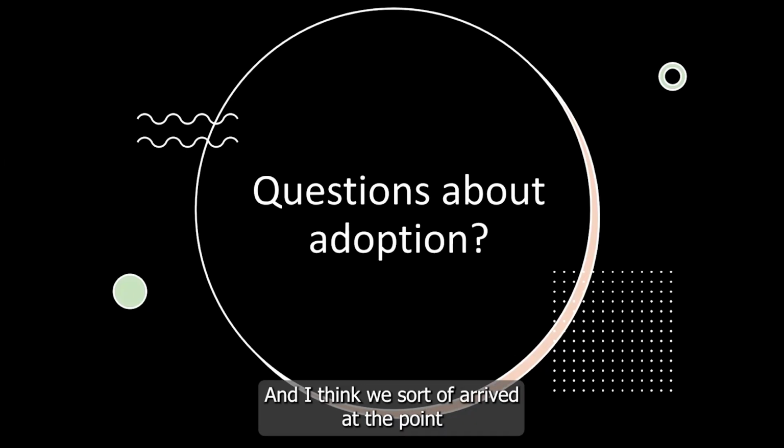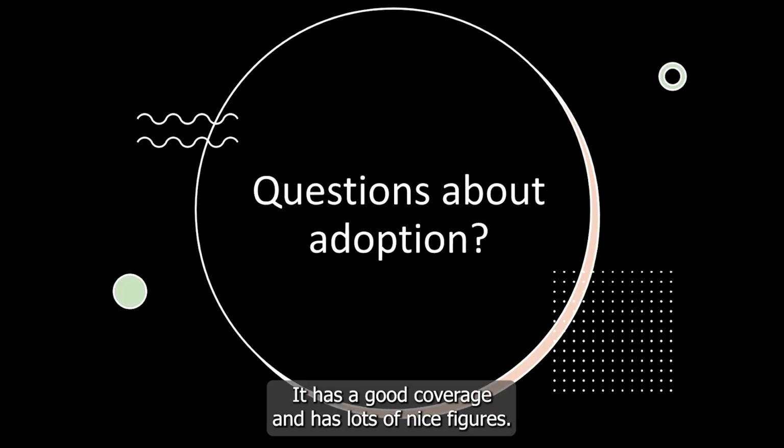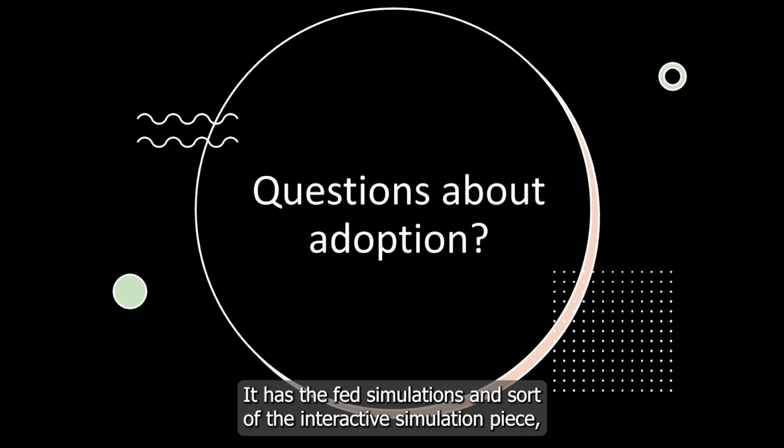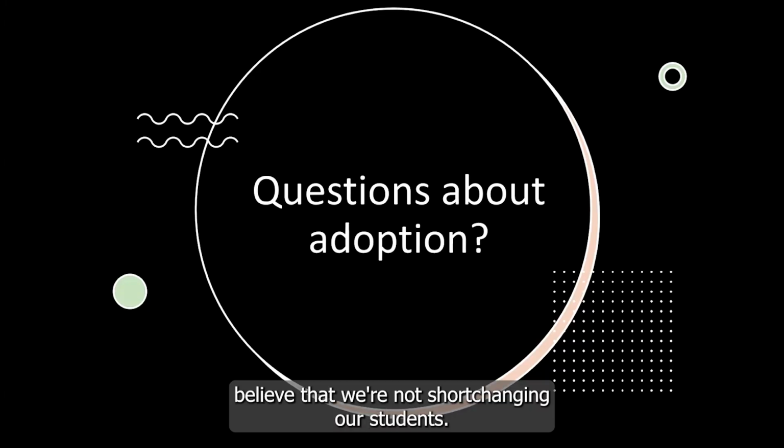And I think we arrived at the point where it's the second edition OER textbook. It's very nice. It has good coverage. It has lots of nice figures. It has the PhET simulations as the interactive simulation piece. So I think we believe that we're not shortchanging our students.